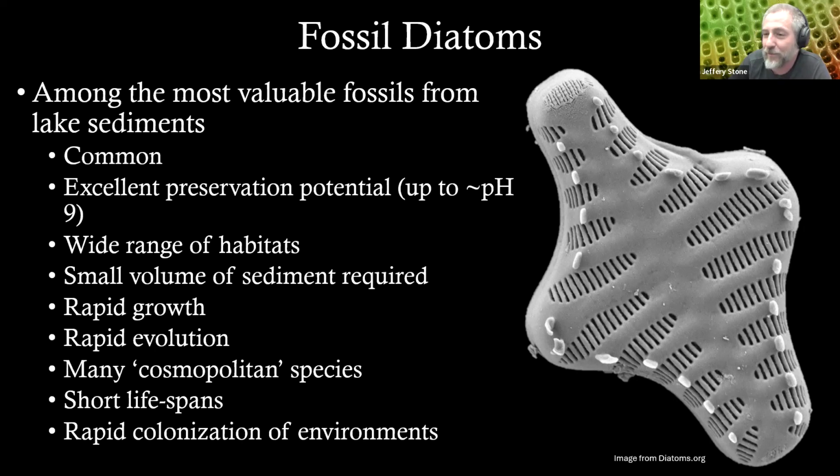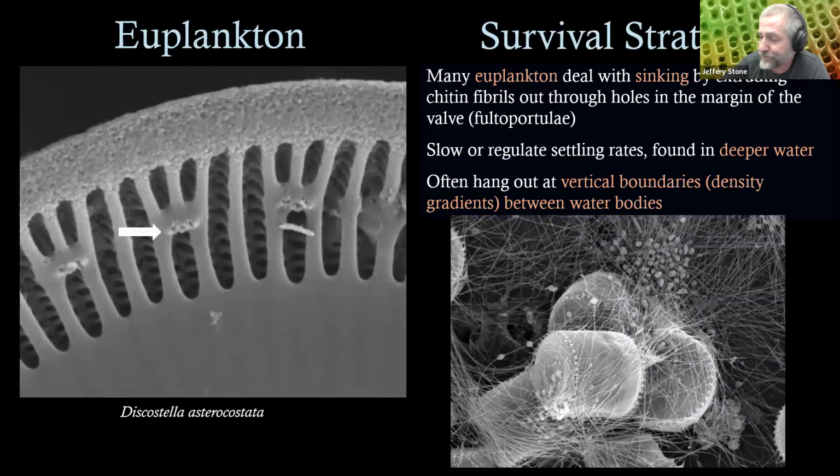So the list of things that I'm giving you is a list of how you might make an ideal tool for reconstructing paleoclimate from lake sediments. You don't need a lot of material, it's preserved, they're found everywhere. All of these things contribute to our ability to use them for reconstructing past events in climates from lakes.